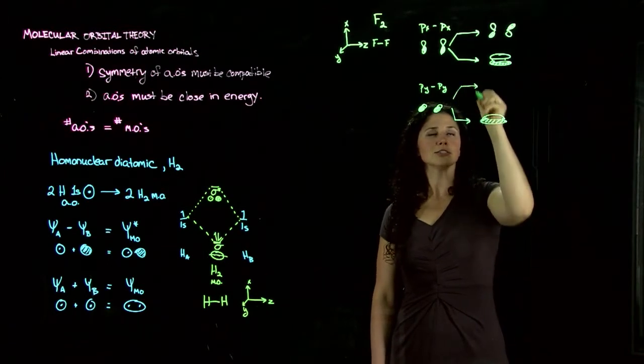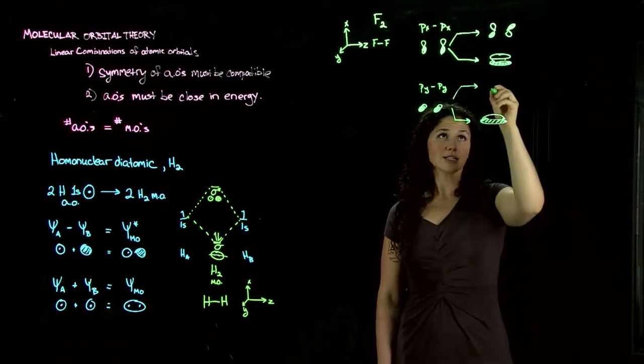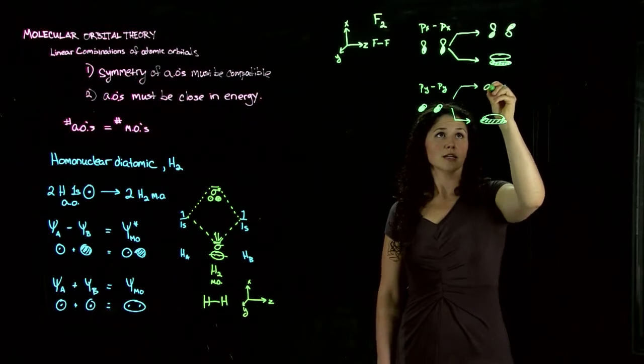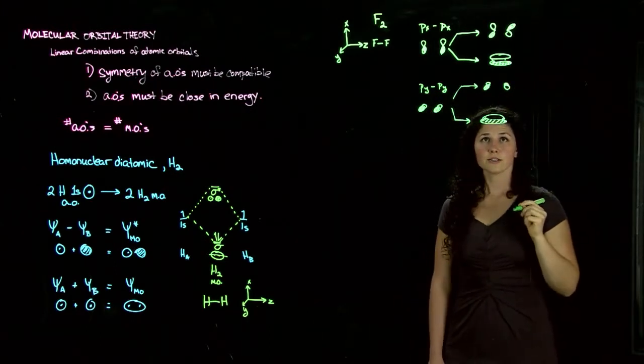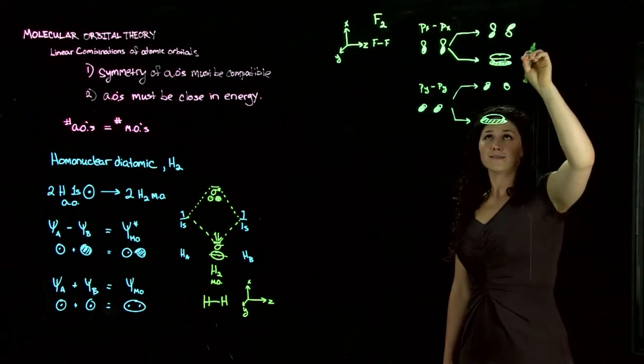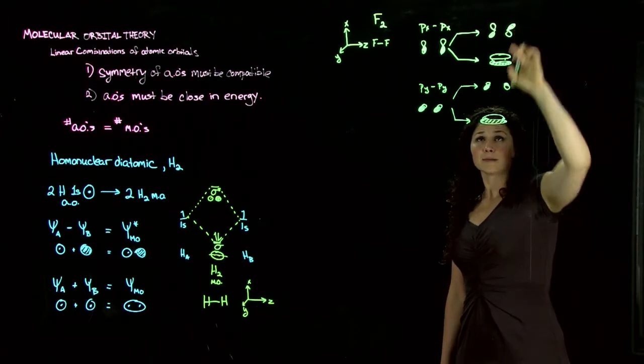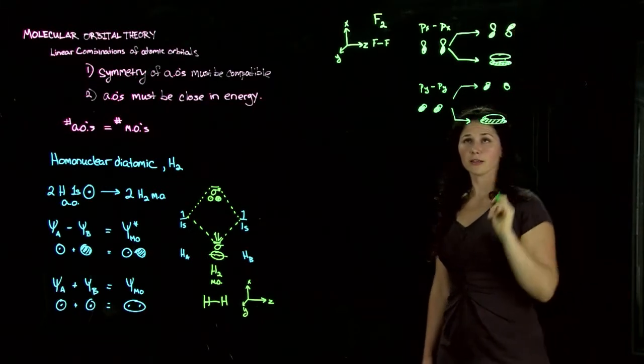And if they destructively interfere, we would get the antibonding situation that would look something like this. So: bonding and antibonding px, bonding and antibonding py.